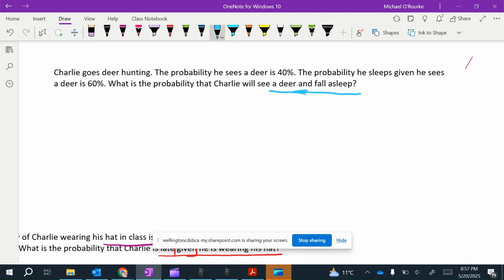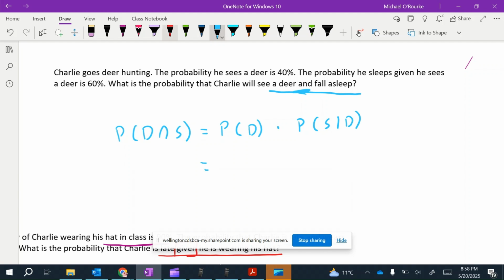So what's the probability Charlie sees a deer and falls asleep? So that's going to equal the probability of him seeing a deer times the probability of him falling asleep given he saw a deer.